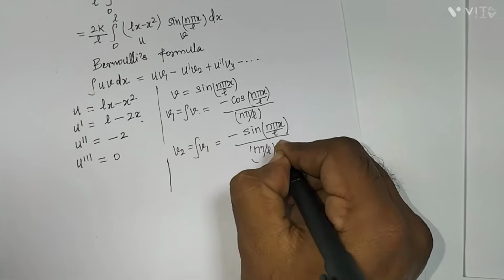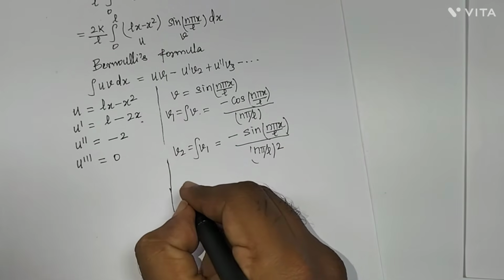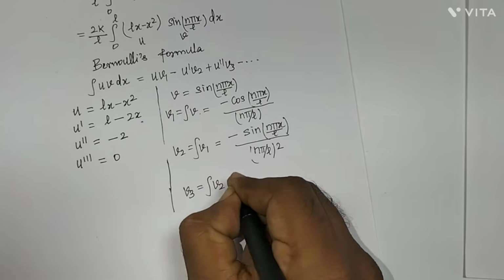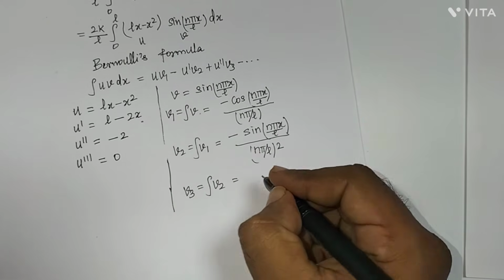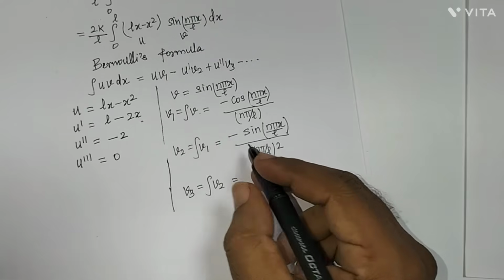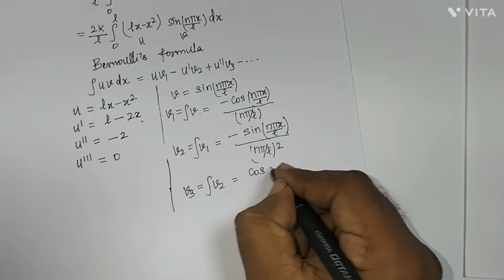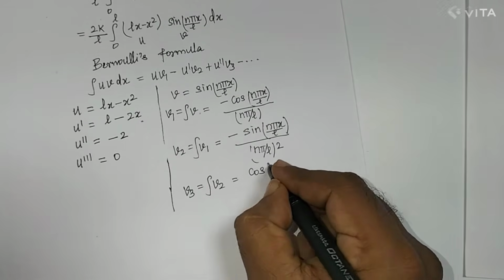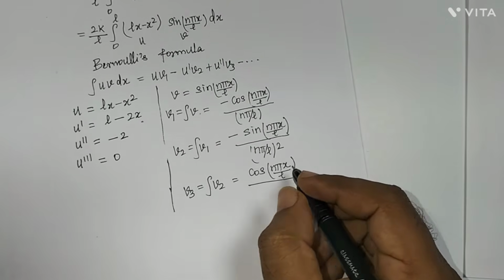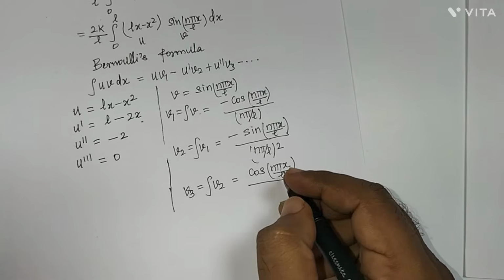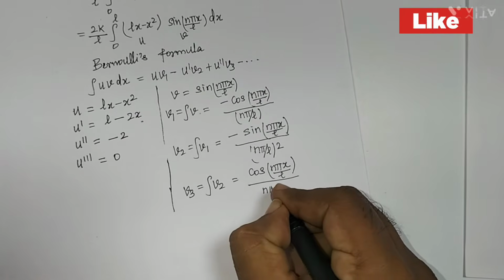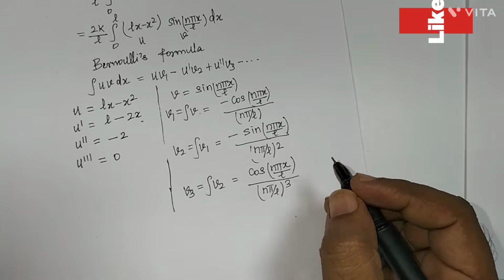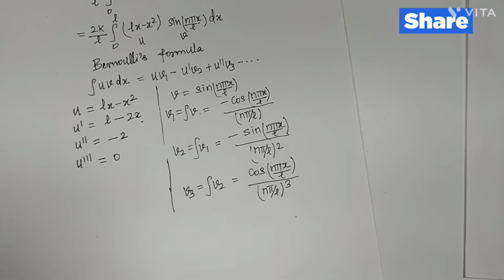Okay. And next one, I am going to find v3. v3 is equal to integral of v2. Again integrate the sin term, sin integration gives minus cos, minus into minus plus. So cos n pi x by L divided by n pi by L whole square into n pi by L, we can write n pi by L whole cube. Continuously we can find v4, v5, v6 like that.